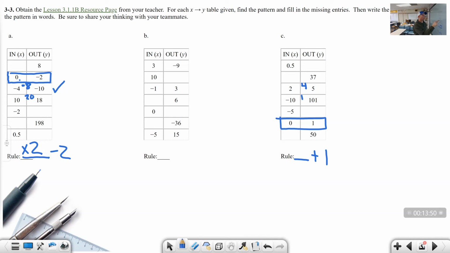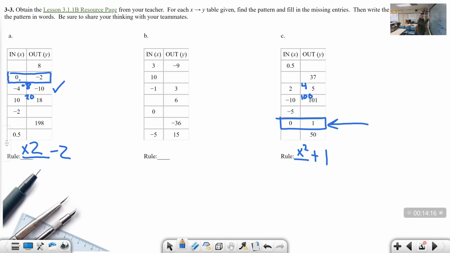Work my way backward. 101, take away 1 is 100. 10 times 10 is 100. Negative times negative is positive. So the rule here must be times itself. Then add 1. Okay? We need to use 0 to help us hone in on what the rule is.